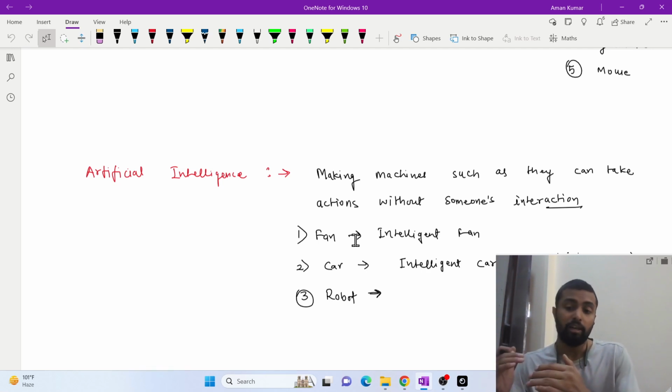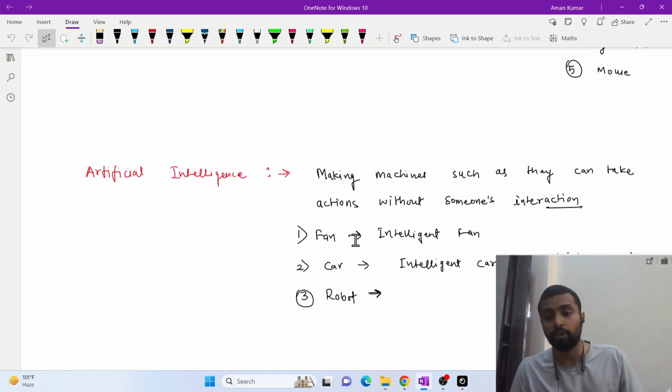Actual AI will come after 5 to 10 years, when even your laptop will have intelligence, when a fan will have intelligence, when small things will have intelligence. Then you will see the actual power of AI, and you will see that the data science job is somewhere left in a corner. The actual power of AI didn't come yet. That is the main reason you still encounter the data science profile more than AI.